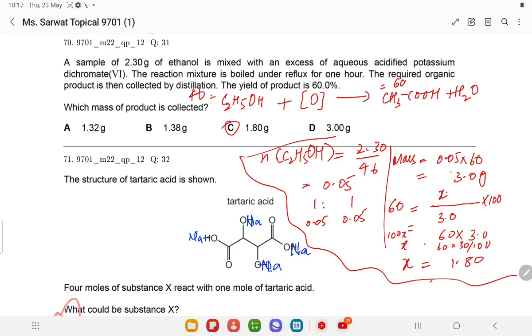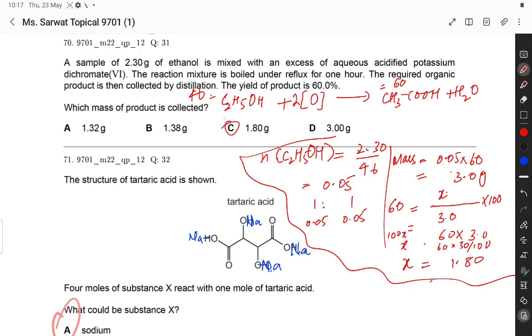So first write down the chemical equation of ethanol. So this is ethanol when it is oxidized in the presence of acidified potassium dichromate to form ethanoic acid and water. So first calculate the moles of ethanol.